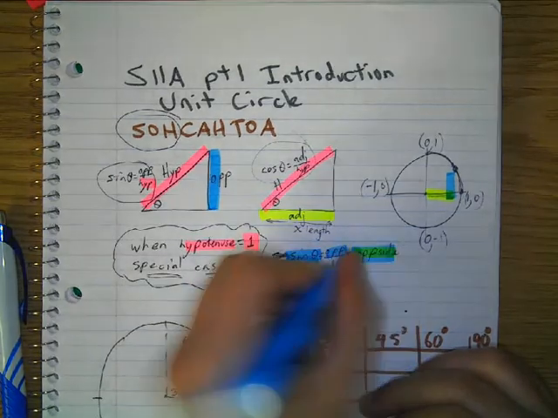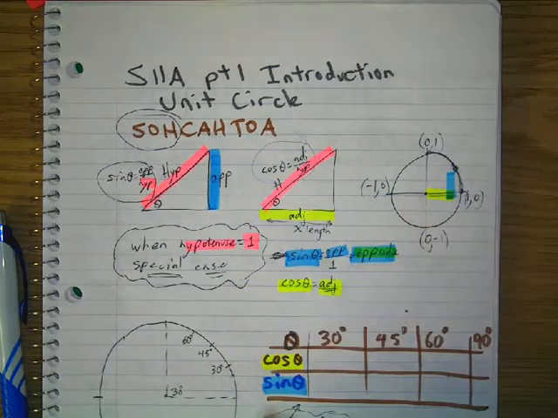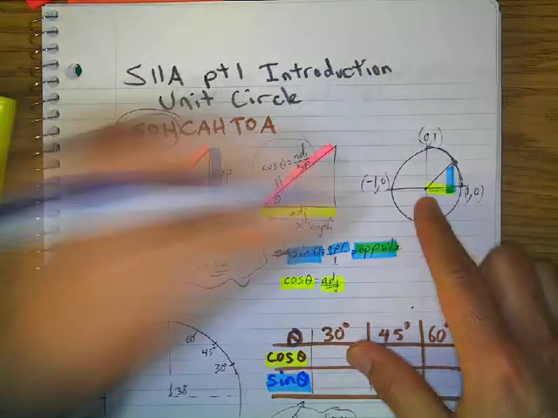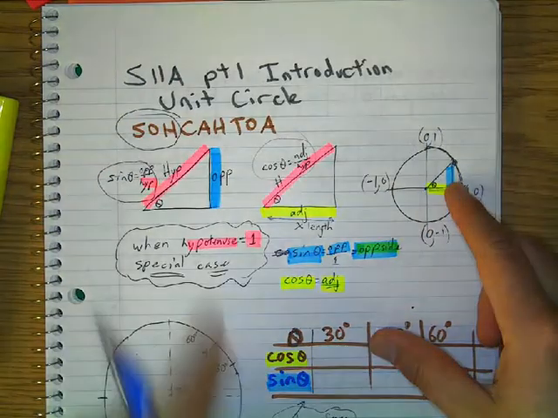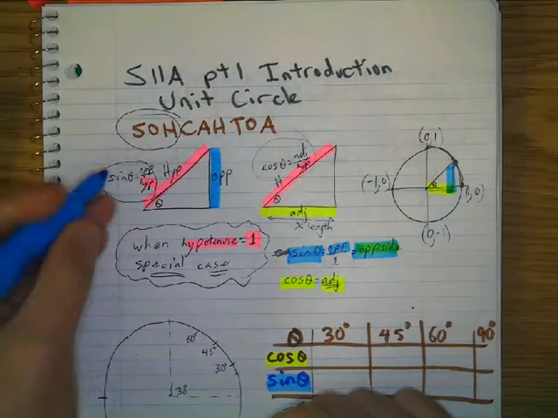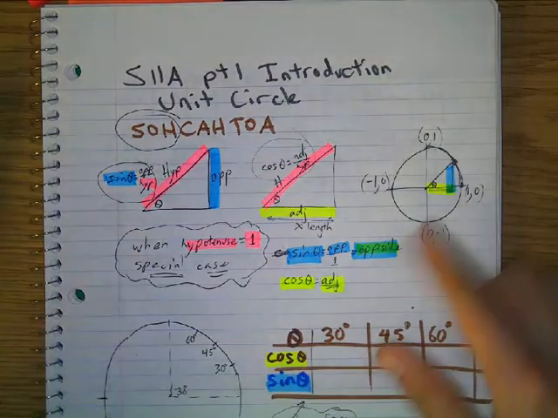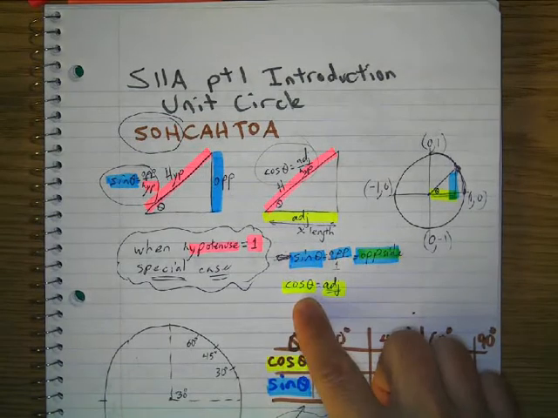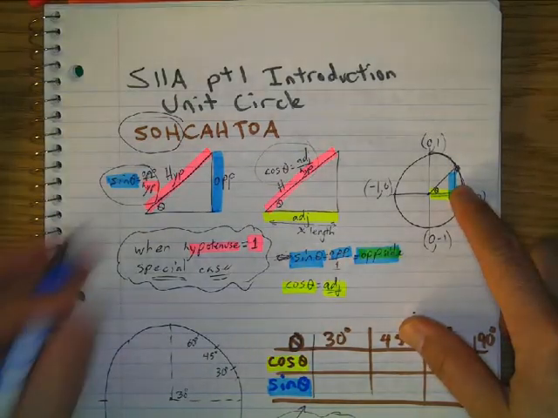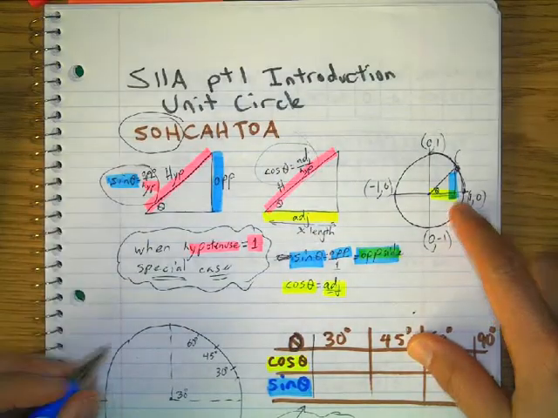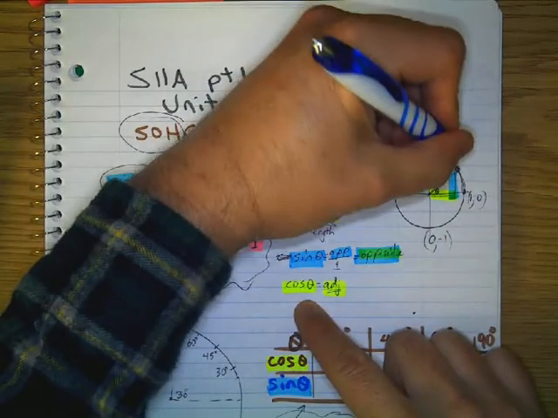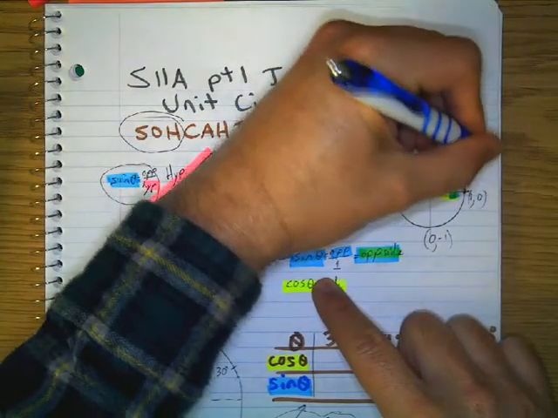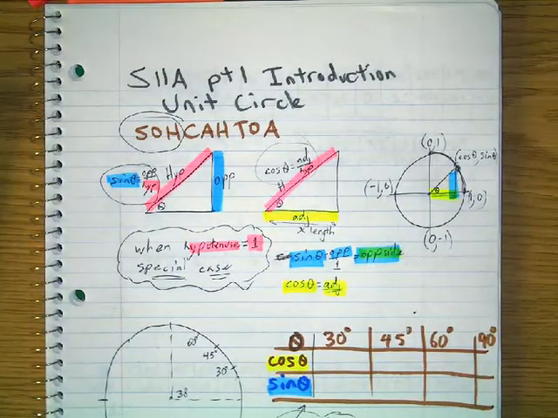Let's just draw a triangle right here. From this angle theta, the opposite side is sine, and the adjacent side, the yellow side here, is equal to cosine. So this coordinate has an x value of cosine theta and a y value of sine theta. You might need to hit pause and replay this again.